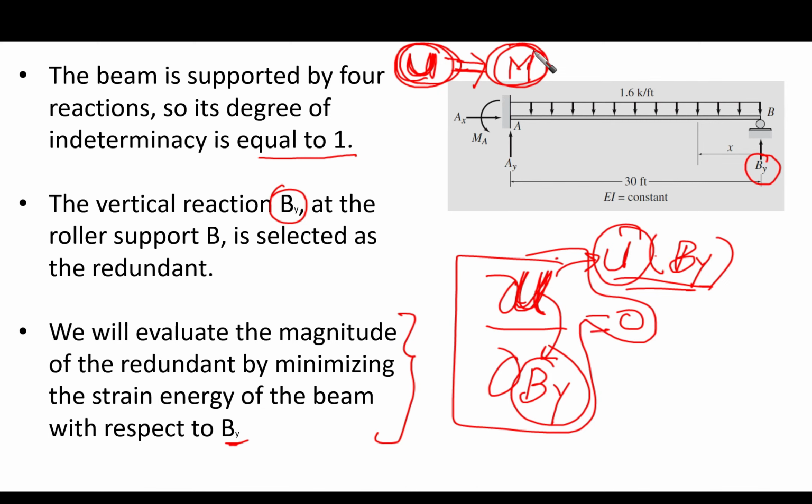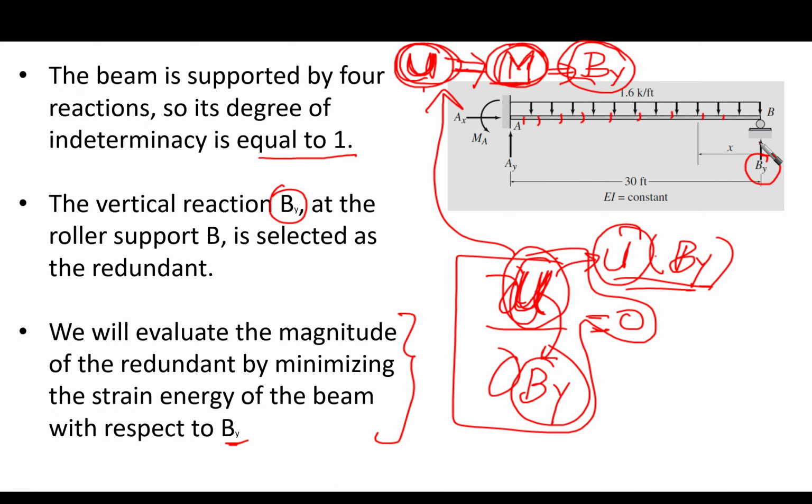And this moment, at any point along this beam, should be defined by our main redundant, which is BY. In the equation of the least work, we make the partial derivative of the strain energy with respect to BY equal to 0. U needs to be a function of M, which is any moment along this beam, and this M should be a function of BY as well.